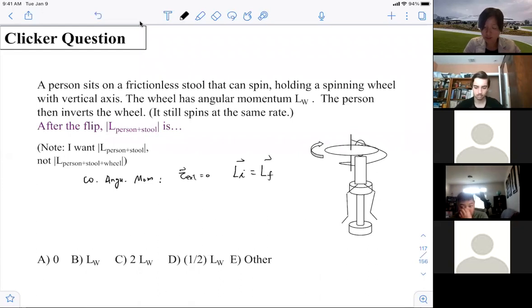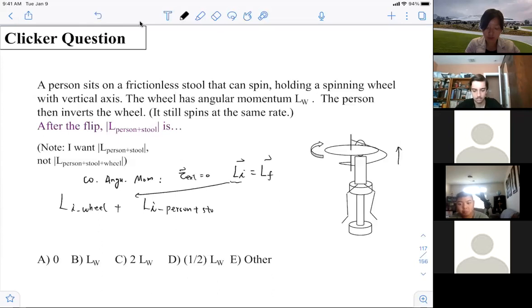So let's just say the wheel is originally spinning with the angular momentum pointing upward, and we will just call that our positive direction. So our initial momentum consists of the initial momentum of the wheel and the initial momentum of the person plus the stool, which is equal to the final.